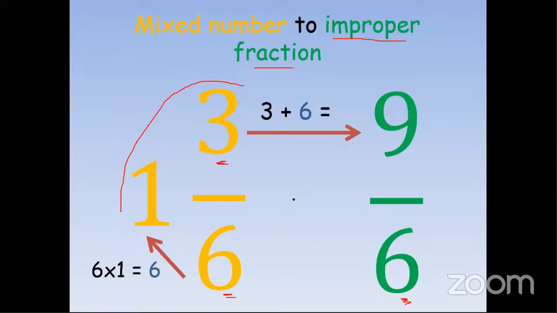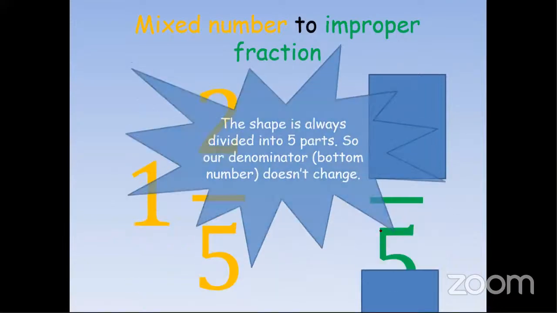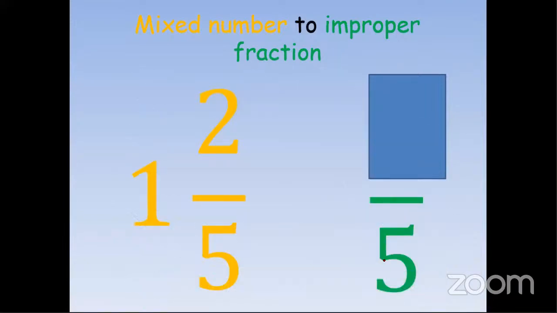Okay, let's look at this also. So step 1, what is our denominator? Our denominator is 5, so we maintain our 5 here. Please first identify your denominator.